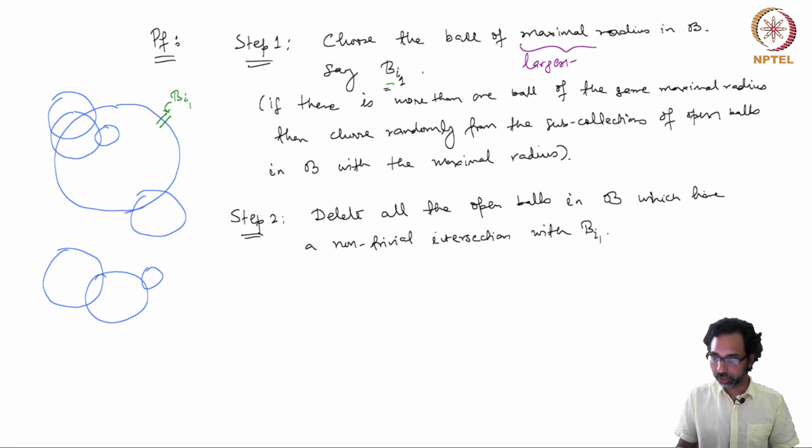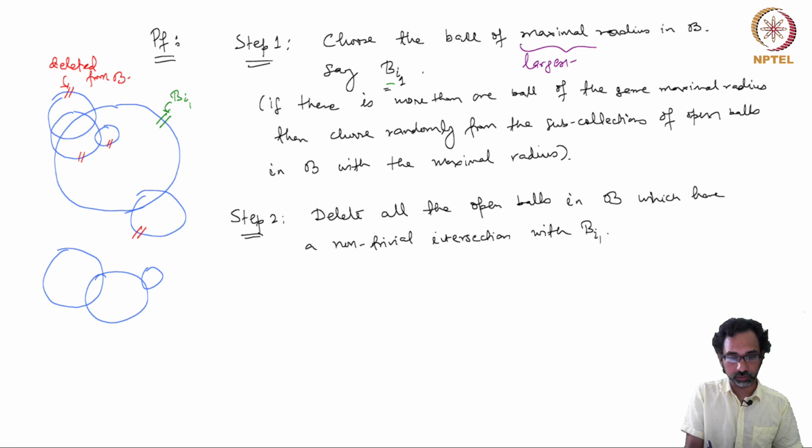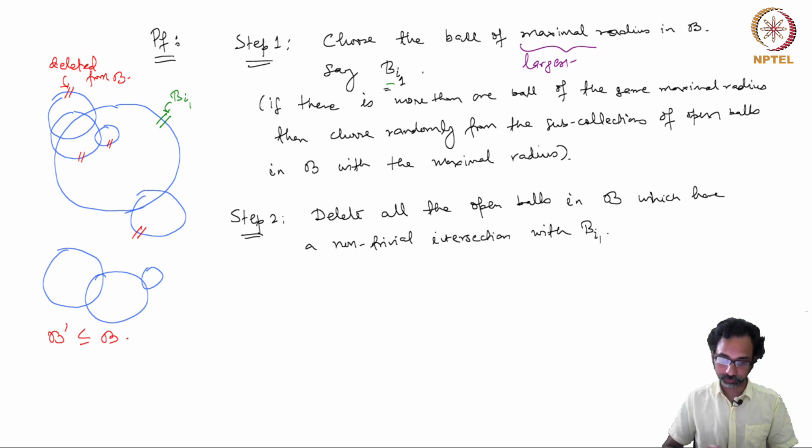Now we are going to delete all the open balls in B which have a non-trivial intersection with B_i1. All these little ones which are either inside or have a non-trivial intersection with B_i1 are deleted from B, and now we are left with a subcollection B prime in B, and then we are going to repeat the same process.